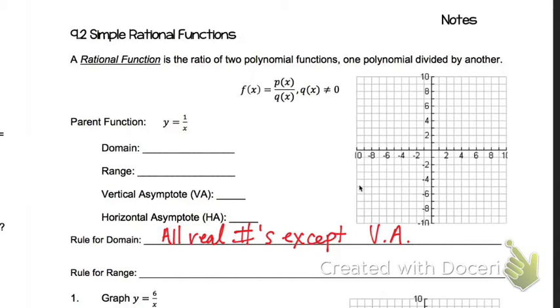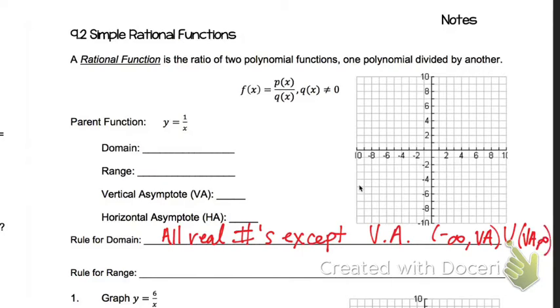It's going to be defined everywhere, stop at your vertical asymptote, and then pick back up immediately after that and go to infinity. So in interval notation, negative infinity to whatever your vertical asymptote is, union, remember the U, and then vertical asymptote to positive infinity.